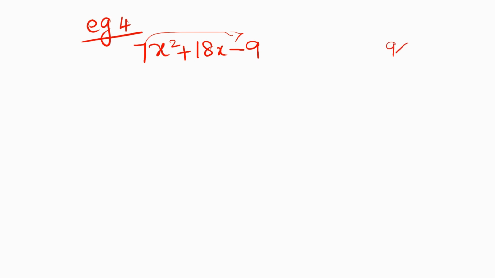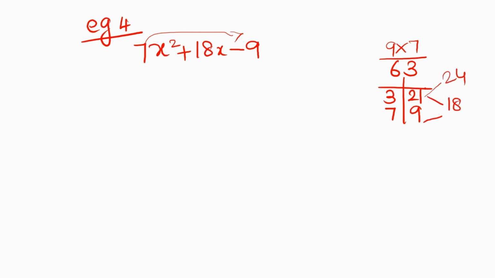Consider 7x square plus 18x minus 9. So 7 into 9 is 63. I can write 63 as 3 into 21 or 7 into 9. So 3 plus 21 is 24, 21 minus 3 is 18.